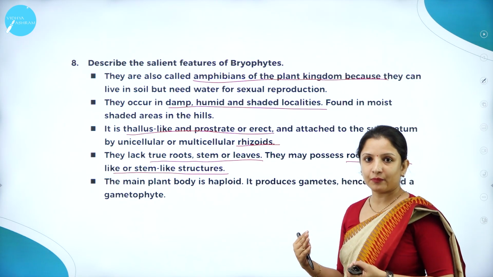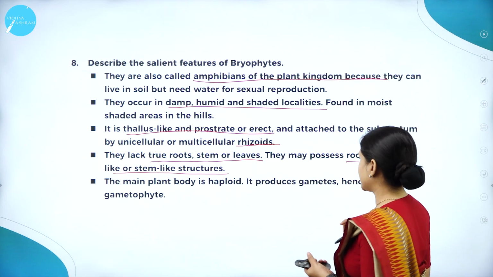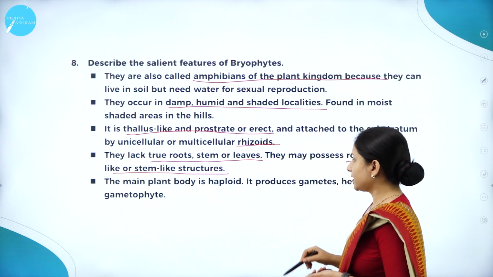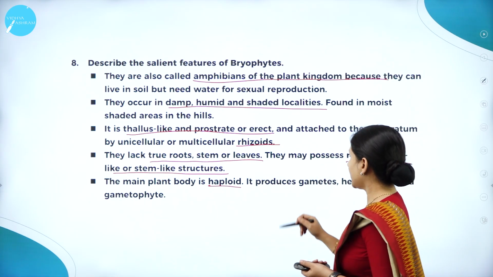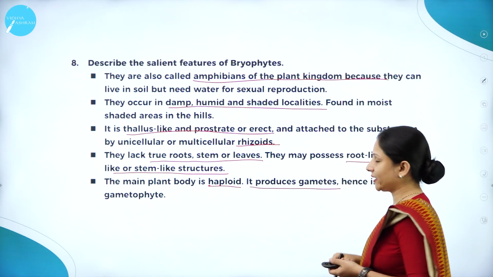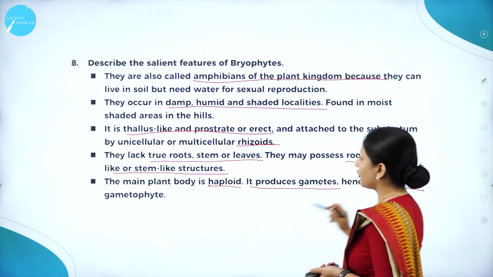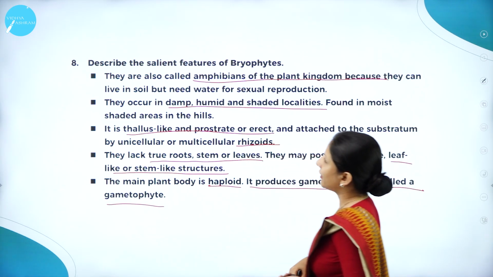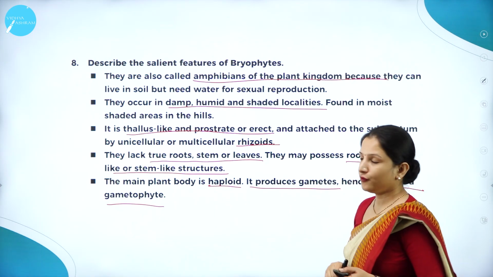The main plant body is haploid because it produces haploid spores and it produces gametes as well, that is the antheridia and the archegonia, and hence it is also called a gametophyte, and the gametophytic generation is the predominant one. So if you write these points, it is enough for this.